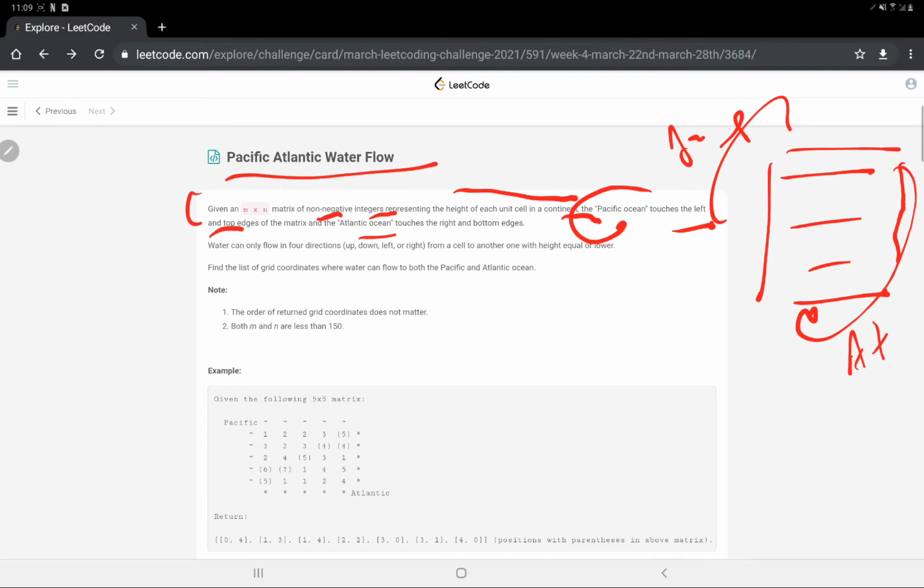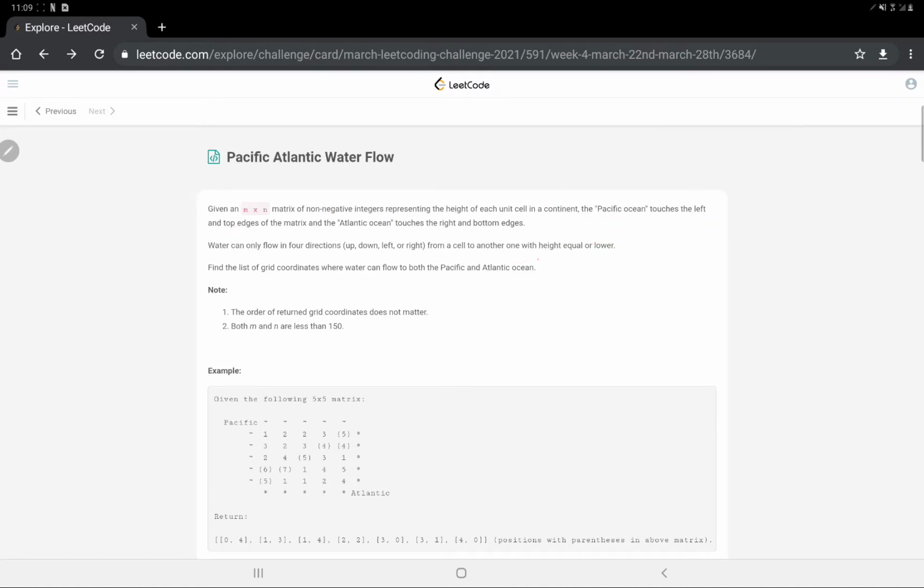All right, so water can flow in 4 directions. The main reason for the heights given is that the water can flow from one height to another only if it's equal or lower. That is a very important condition over here. So let us look at this.